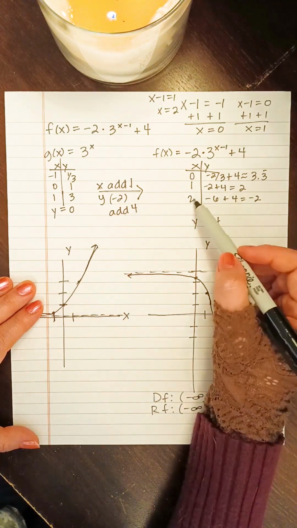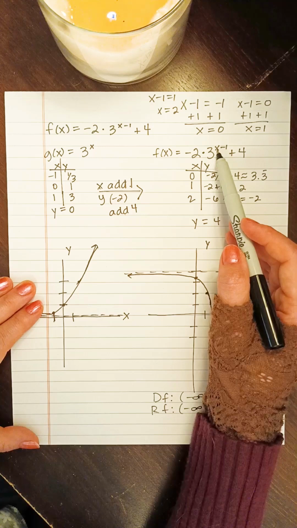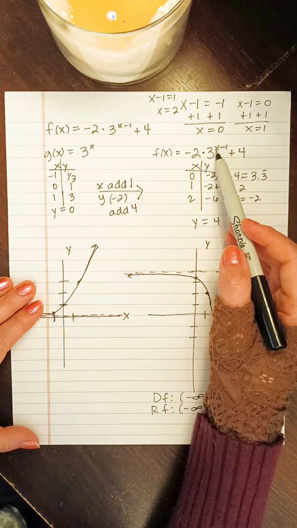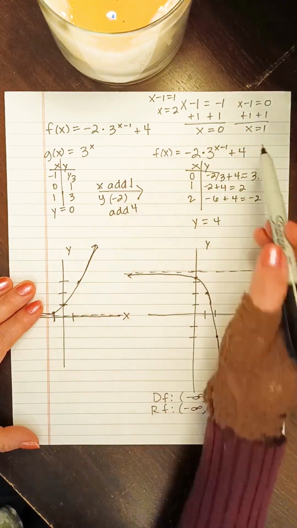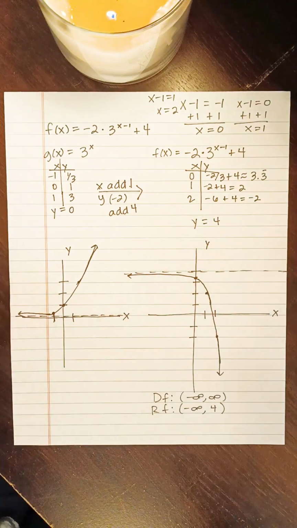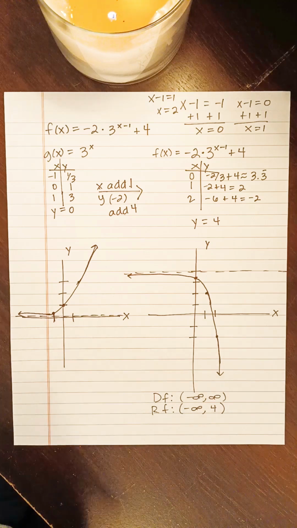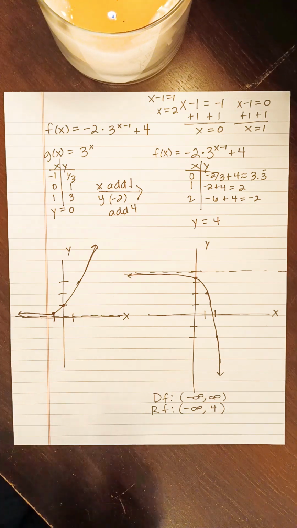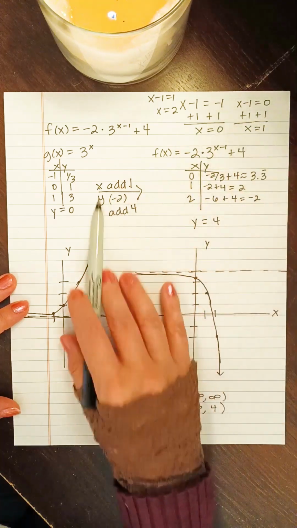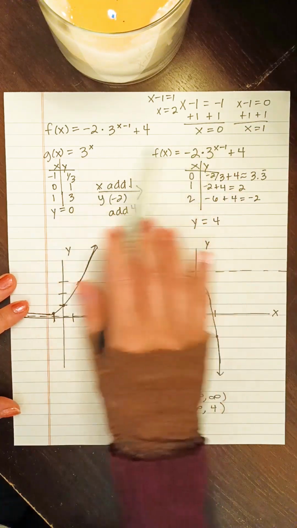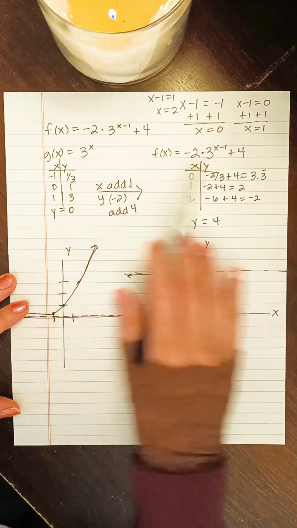If we plug a 2 in here, 2 minus 1 is 1, 3 to the first is 3. Then we multiply it by negative 2, and then we add 4. Once you plug that x value in, for the y values you're just following the order of operations. Anyways, that's the reasoning behind it. We don't need to do any of this. We just look at what's being done. X is our opposite. Y's are the same.